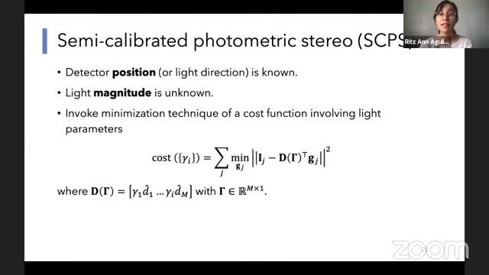Using this algorithm called semi-calibrated photometric stereo, if the light magnitude hitting the single pixel detectors is unknown, but the positions of the detectors are known, we can invoke a minimization technique to optimize the lighting parameters.